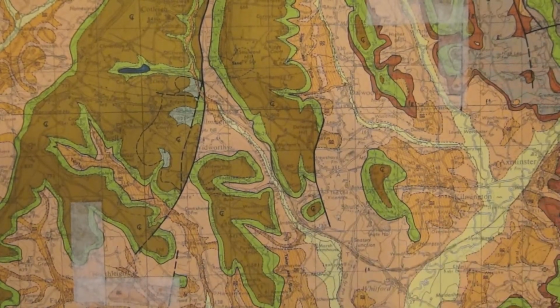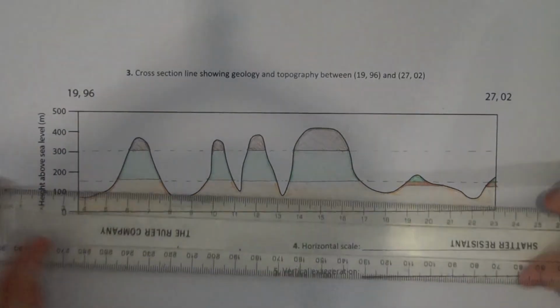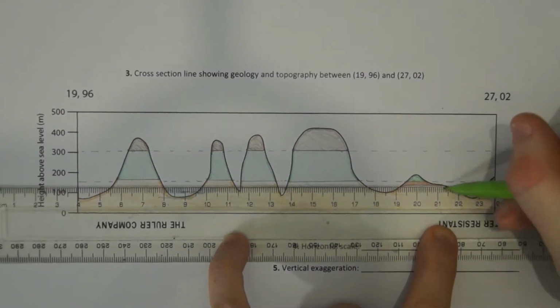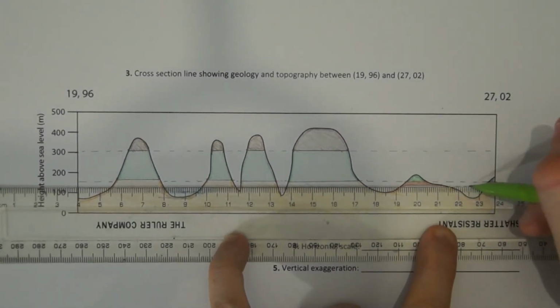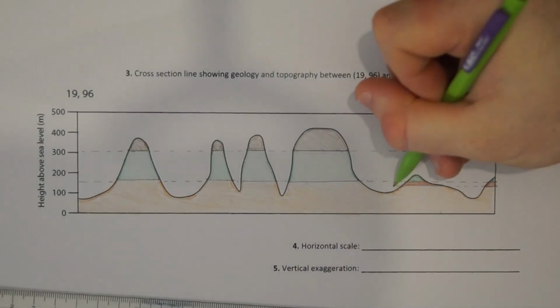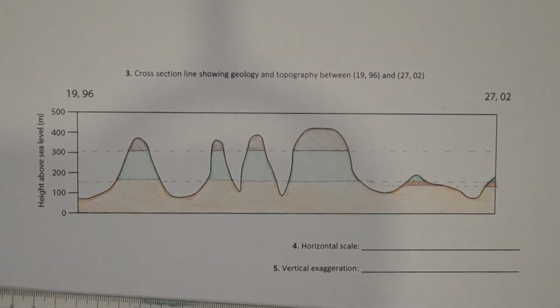So for whatever reason, back when that unit was deposited, it looks like it was continuous in the eastern side of the map area, but it pinched out so that it wasn't deposited to the west.